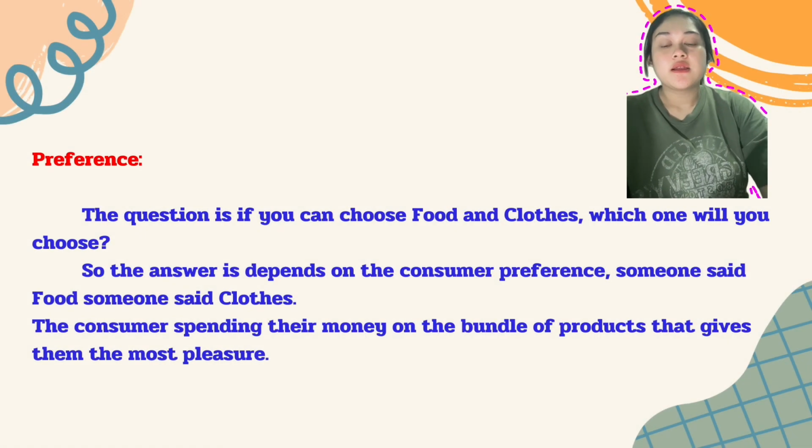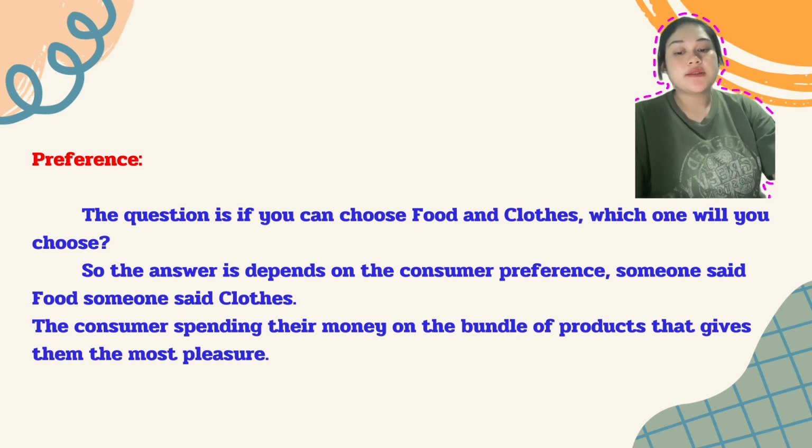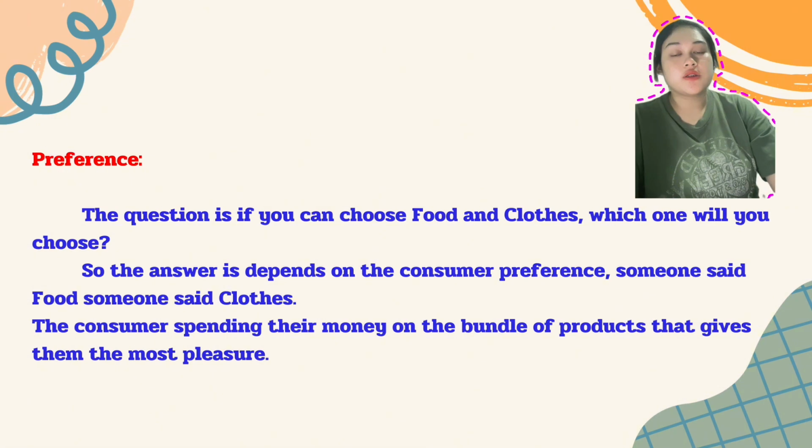Preference is the question: if you can choose food and clothes, which one will you choose? The answer depends on the consumer's preference. Someone said food, someone said clothes. The consumer spends their money on the bundle of products that gives them the most pleasure.